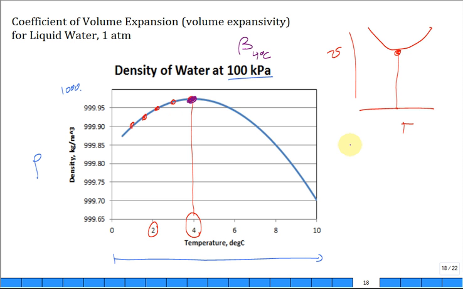Well, you can say, what was the definition of beta? 1 over V, dV dT holding P constant. P is constant. So what is beta at 4 degrees C for liquid water? The derivative is 0. Multiply anything times 0. What do I get? 0. Beta is 0.